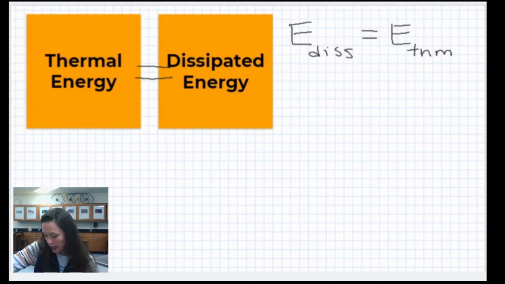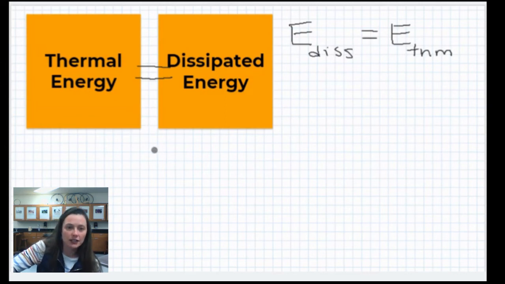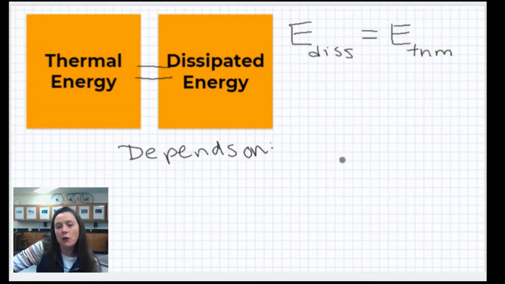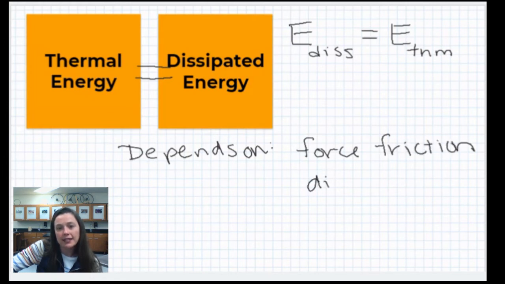In most of the cases we consider, thermal energy will arise from the force of friction acting on something. That means that in most of the cases we consider, the amount of dissipated energy will depend on the force of friction and the distance something has been sliding.